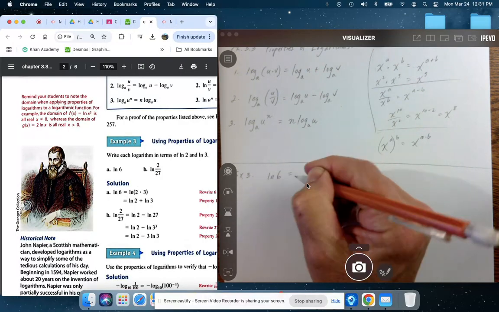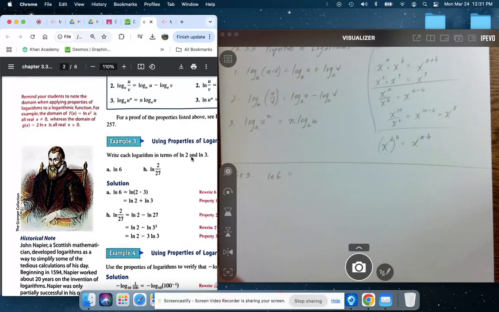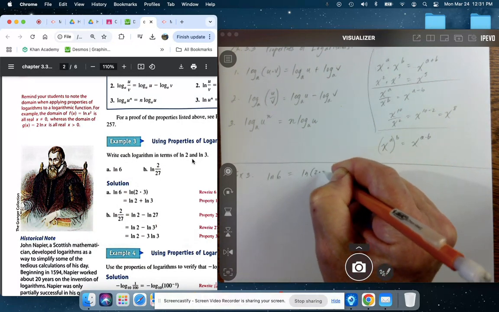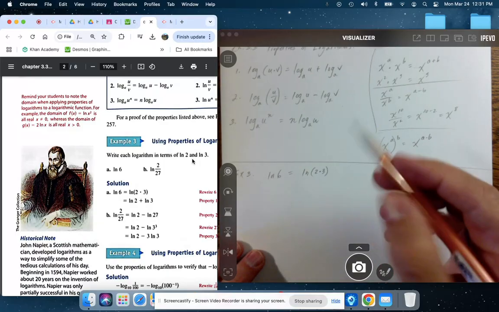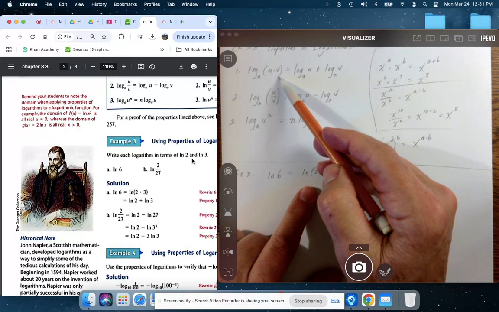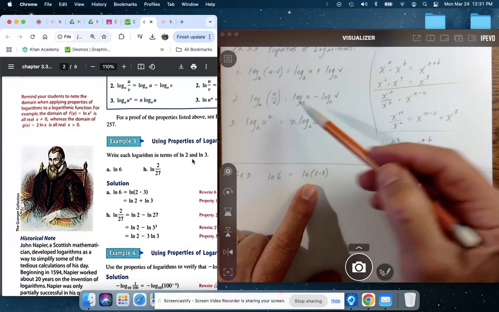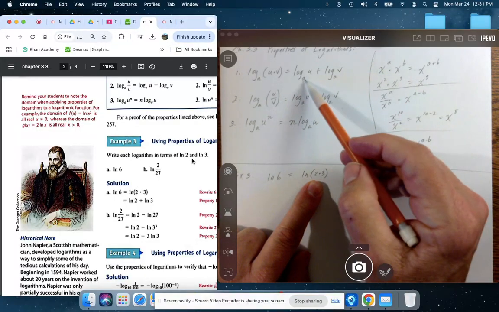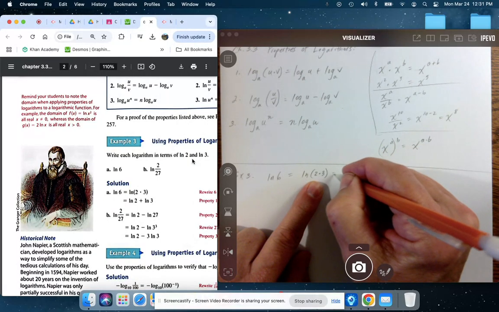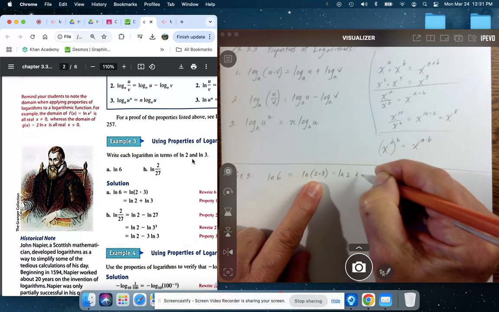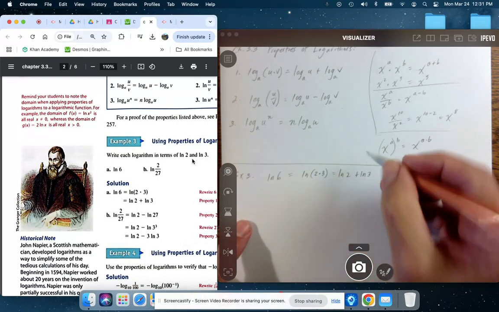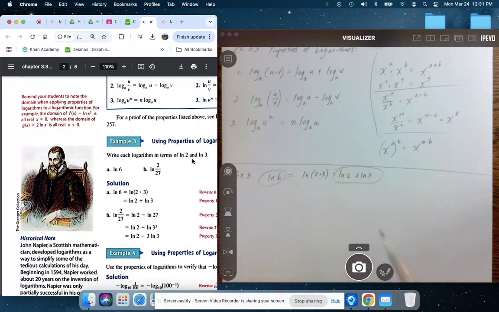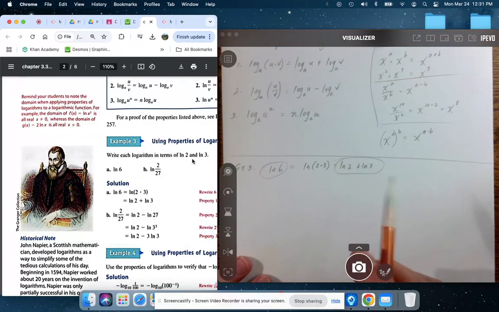Now, if I want to break that up into natural log of 2 and natural log of 3, you know that 6 is 2 times 3, right? And then using this rule up here, since this is a product, it can be broken up into a sum of two logs, so that's natural log of 2 plus natural log of 3. So now I've rewritten this in terms of natural log of 2 and natural log of 3.